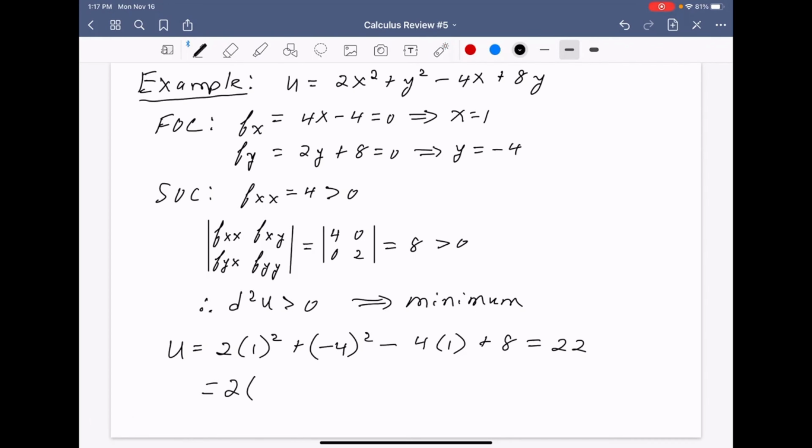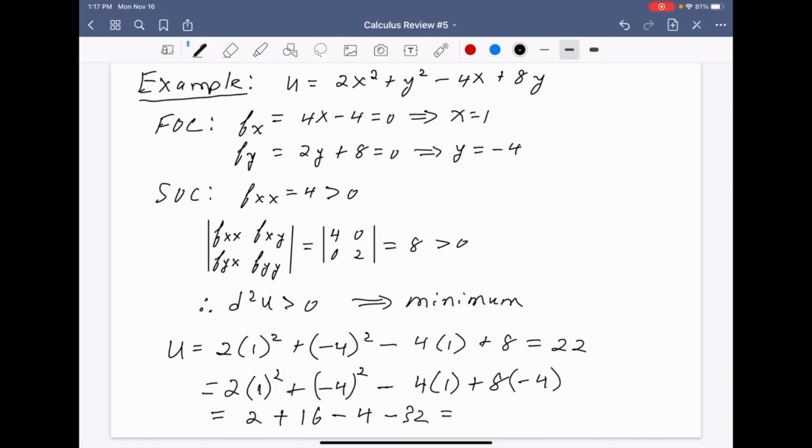It equals 2 times 1 squared plus minus 4 squared minus 4 times 1 plus 8 times minus 4, which is equal to 2 plus 16 minus 4 minus 32, which is minus 18, not minus 22.